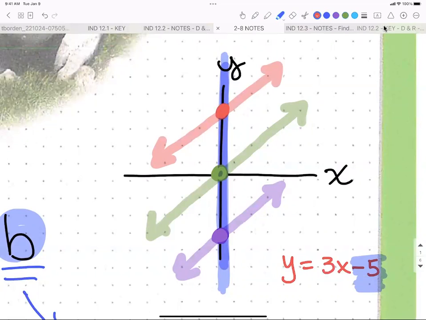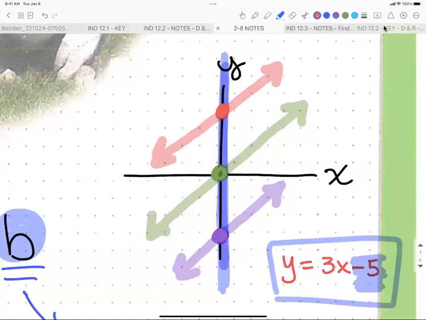So this equation would go with the purple line. I know that because I look at the y-intercept. That tells me it can't be the green one and it can't be the red one because they don't have the right intercept.